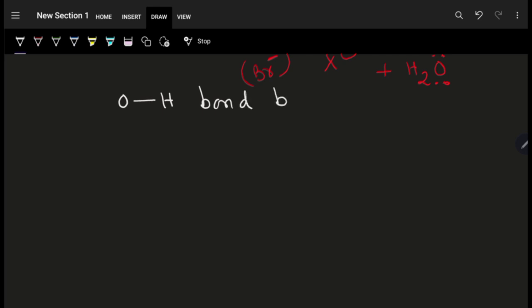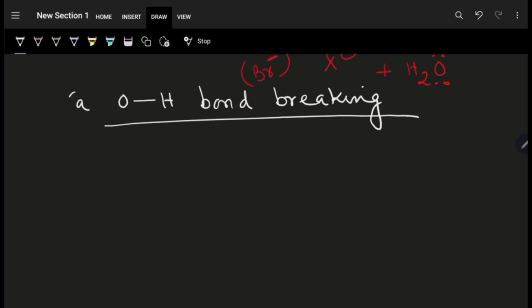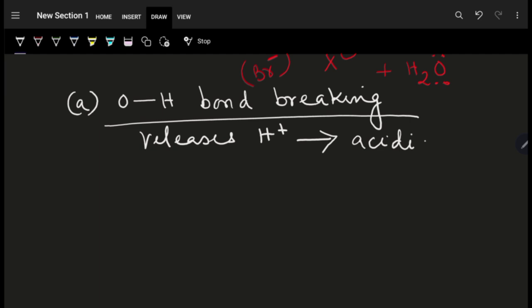So this bond breaking, when I talk about, then obviously I talk about release of H plus. When this bond breaks, it releases H plus, and when it releases H plus, it talks about acidic nature of alcohols and phenols because it releases H plus.